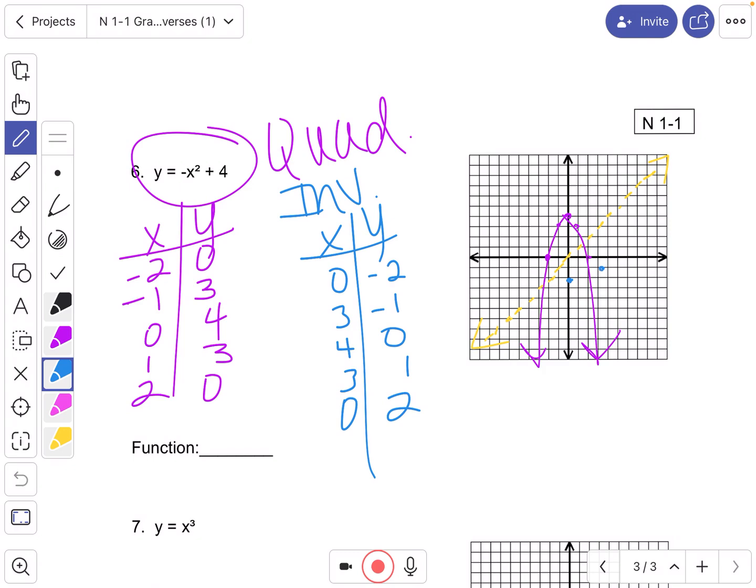This one's going to look a little different because notice that our parabola was opening down, and also notice that it was going across that line y equals x. So notice this one does look a little different there.